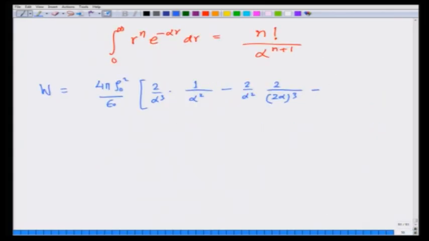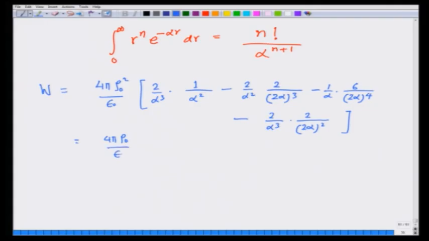So, I have minus 1 over alpha, r cubed will give me 3 factorial, which is 6, over e raised to minus 2 alpha r. So, 2 alpha raised to 4. The last term is 2 over alpha cubed, r again will give me 2 factorial divided by 2 alpha square, and that is going to be my answer.